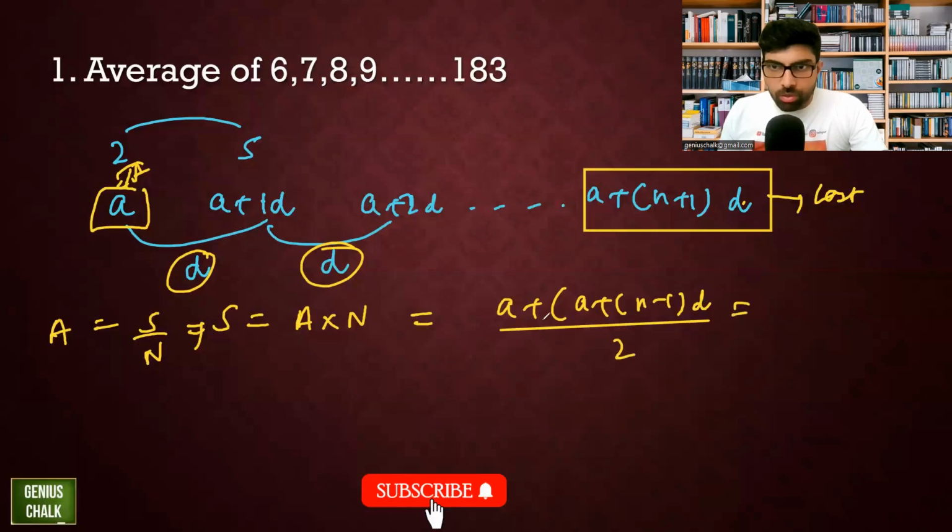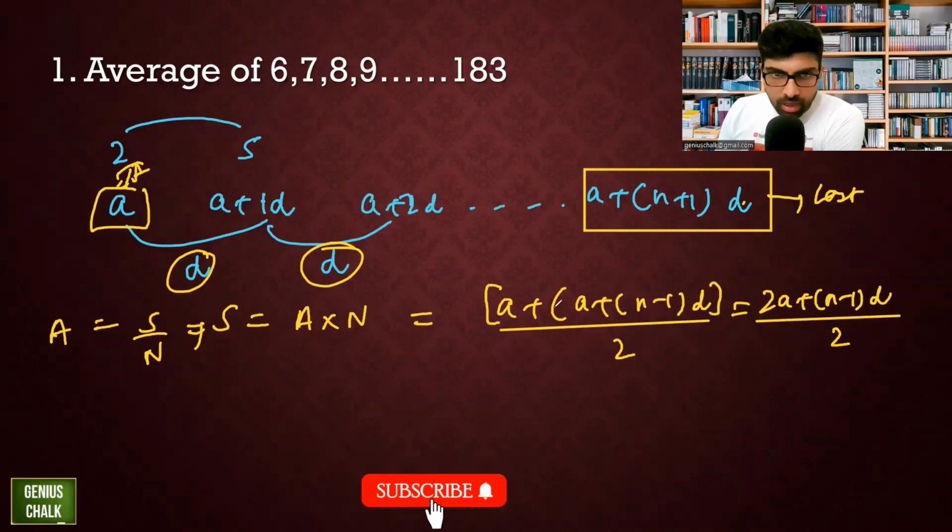If you apply it, it will be 2a plus (n minus 1)d, by 2. This is the average: first plus last by 2.